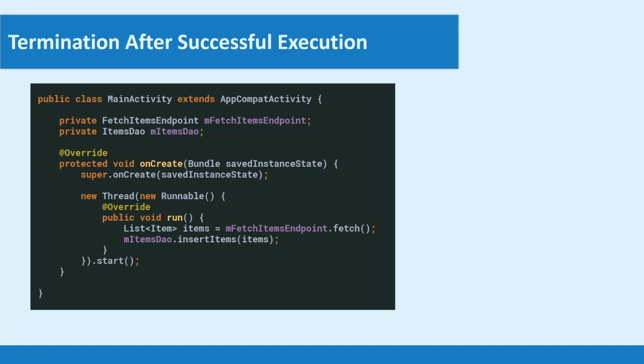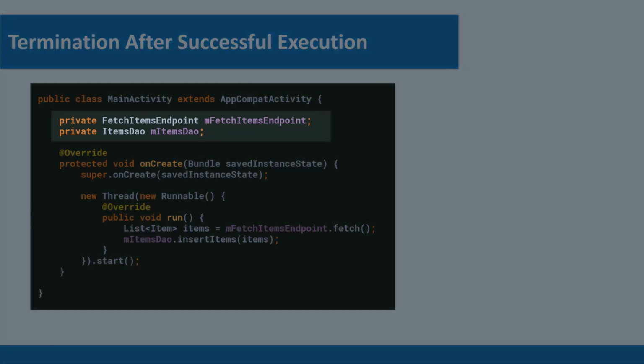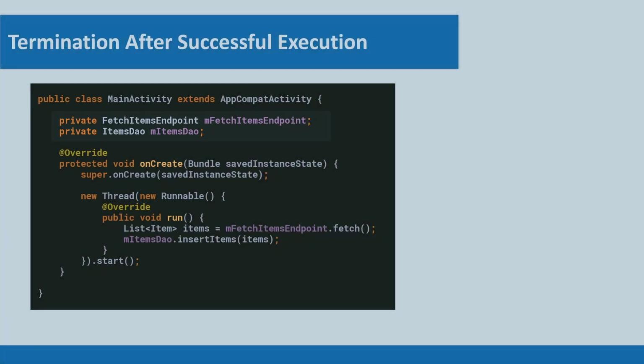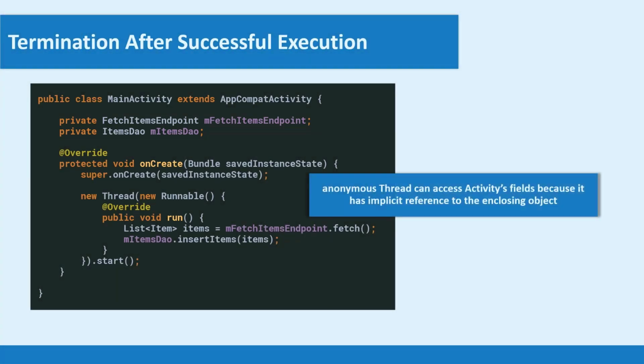One interesting thing to note here is that inside this anonymous thread, I'm using fields of the enclosing main activity. And that's only possible because this anonymous thread has an implicit reference to the enclosing object. In this case, that might not be a problem because these actions will take 5, 10, 15 seconds, and then this thread will be dead and the activity will become eligible for garbage collection.